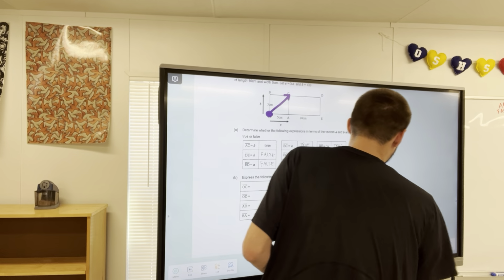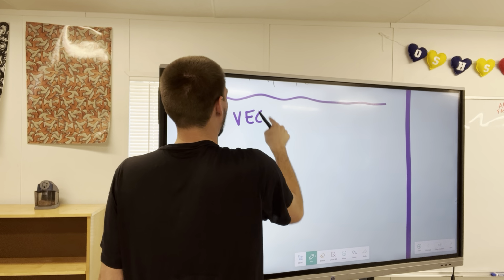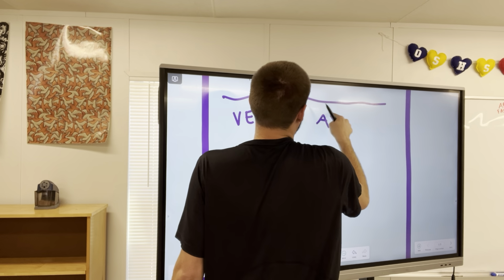Again, it's not necessarily difficult at all, but it is a little different. So we're going to talk about vector addition.